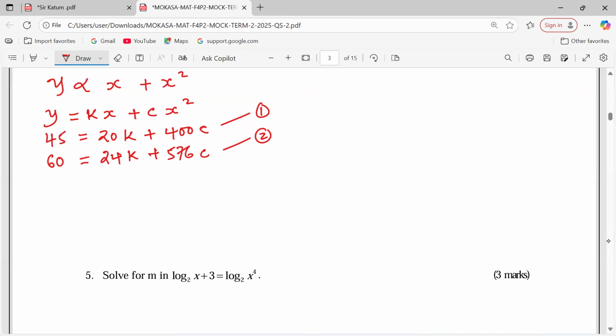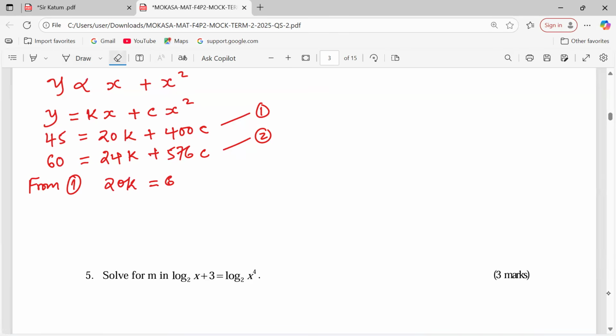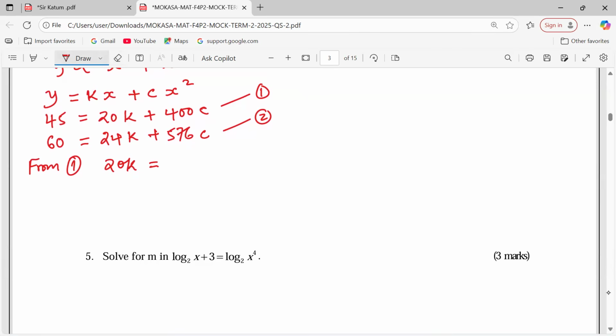So can we talk about equation 1? From equation 1, we can say 20k plus 400c equals 45. 20k equals 45 minus 400c, meaning that the value of k equals 45 over 20.